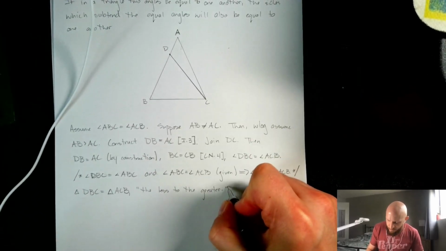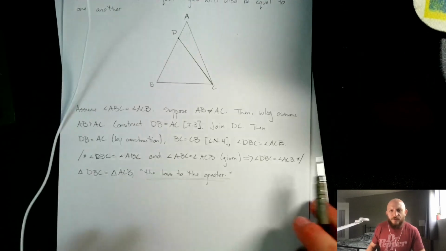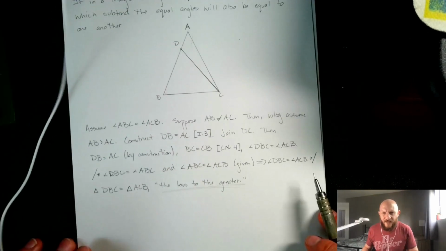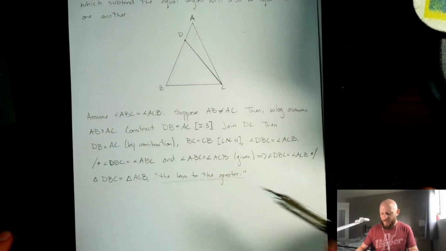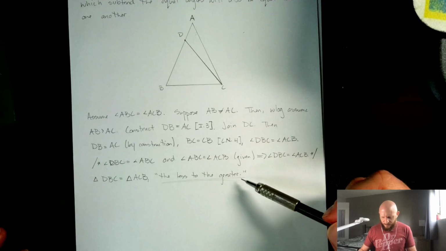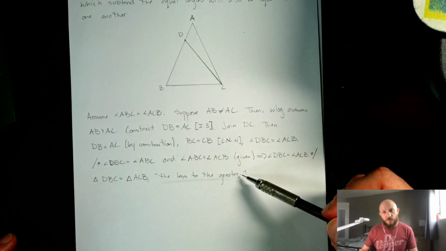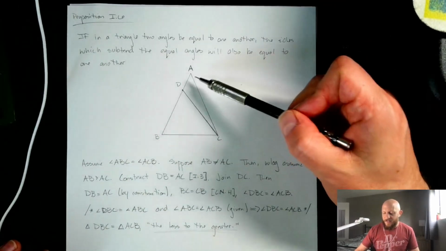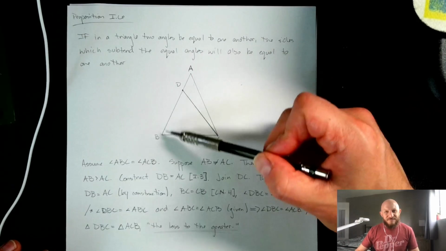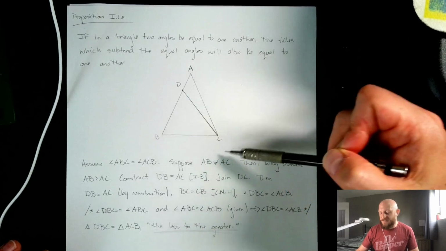But this is kind of the justification right here that hopefully you go, wait, where are we getting that from? Where in the axioms or the propositions does this come from? Because once again, Euclid is kind of making an appeal to intuition. The intuitive idea here is that this triangle DBC exists entirely inside of triangle ABC.